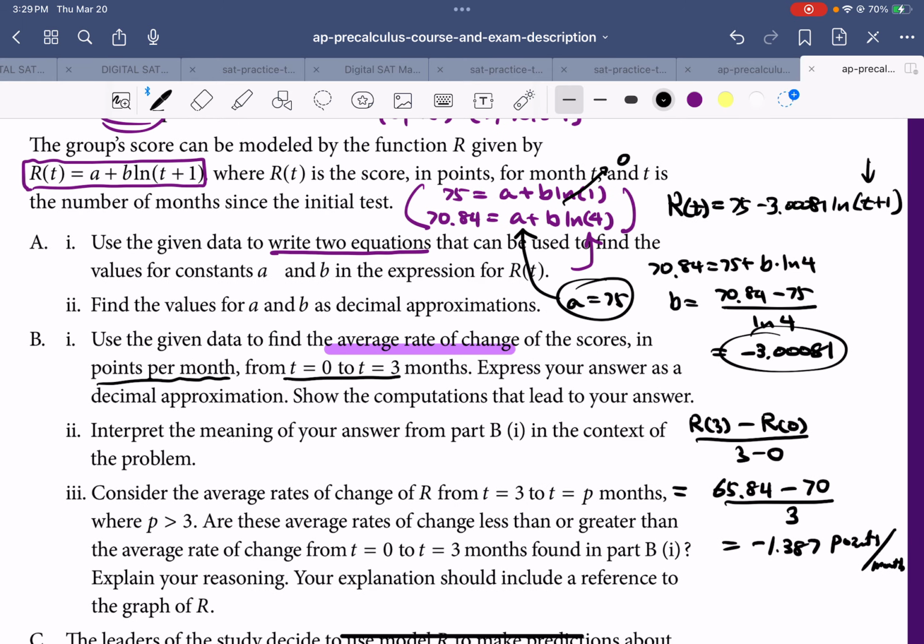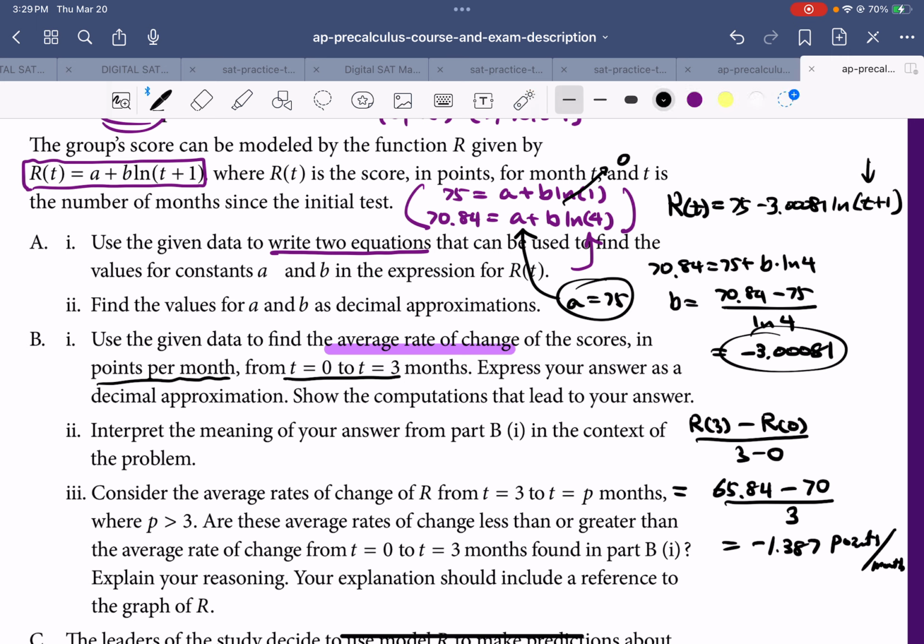Now interpret the meaning of your answer in part B1 in the context of the problem. So what does it mean here? Every month they lose points, because they're losing some of the content.